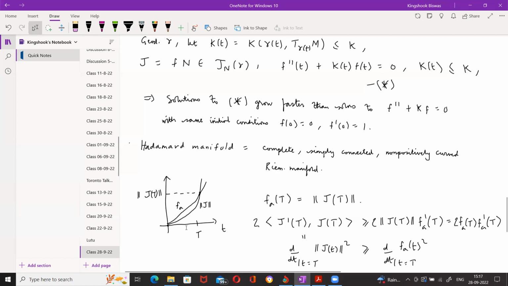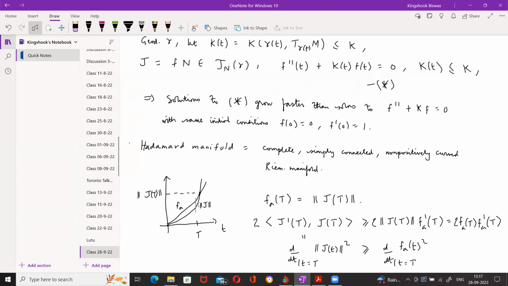Then the idea is that norm J should be more convex than FA. As you can see here, it should lie below FA, right? The inequality on sectional curvature will make the Jacobi field more convex than the Jacobi field in constant curvature. That's the idea. The more negative the sectional curvature is, the more convex the Jacobi field becomes.